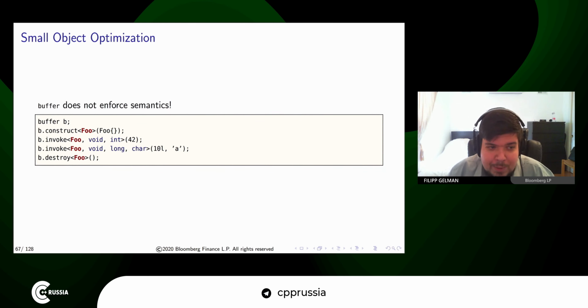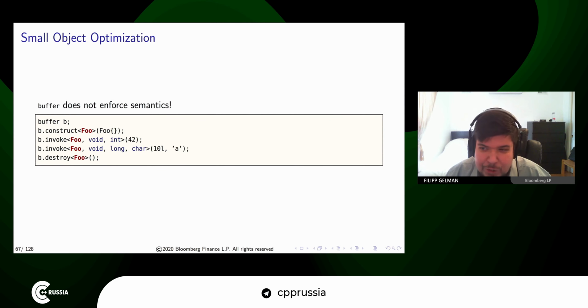Now, one thing to remember is that buffer by itself does not enforce semantics, it does not do RAII. The user, the direct user of buffer, needs to be careful and consistent. We have to remember that first we construct a foo, and then we need to remember that it's actually a foo in there. And I need to specify the foo every time I invoke it with whatever I want to invoke it with.